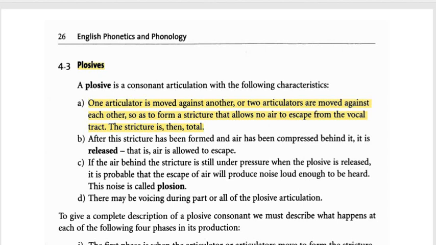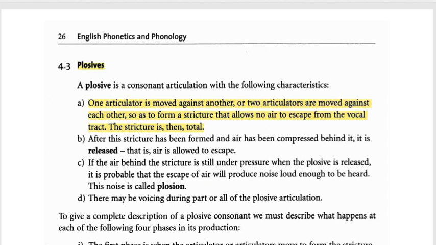This means what? It means that of these two articulators, sometimes one of them is stable, it cannot move, so we move the other one instead. And maybe there are two articulators, like the lips, when we move the lips against each other. These two articulators form a structure, so it means there is a closure.